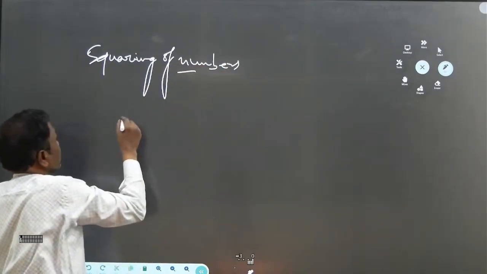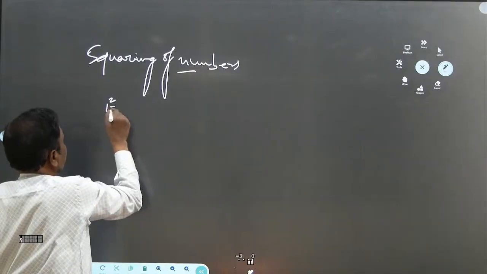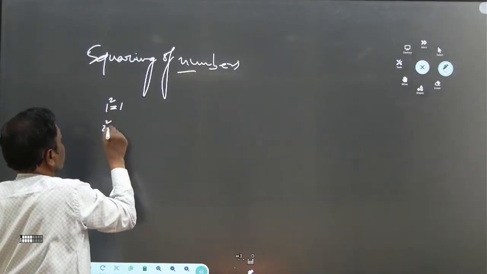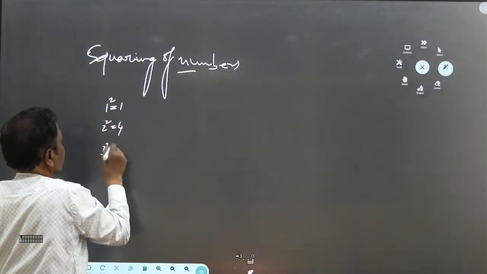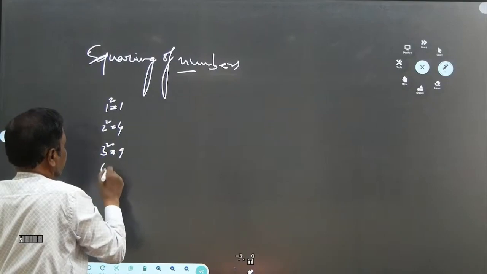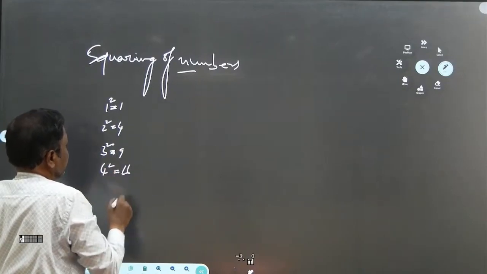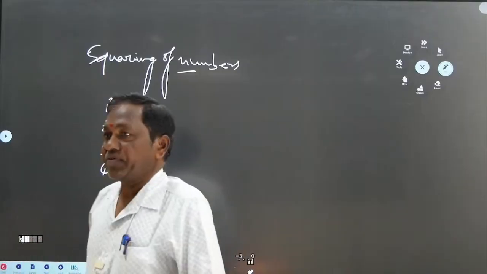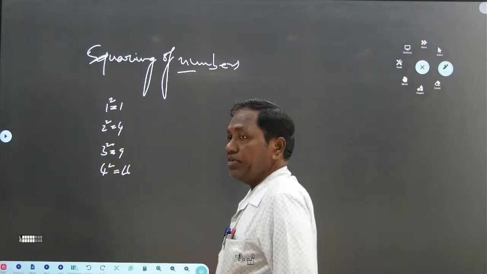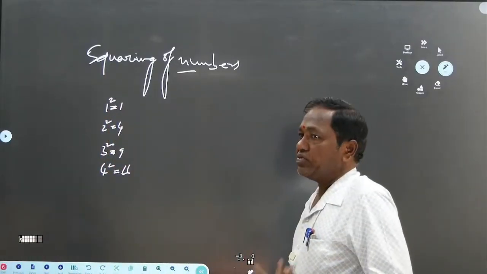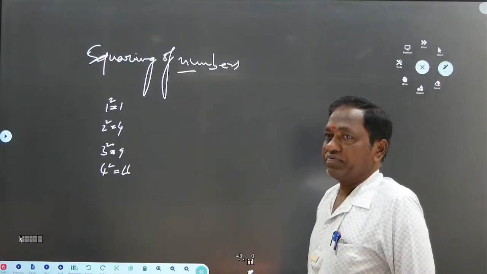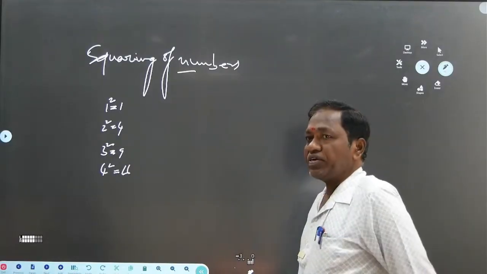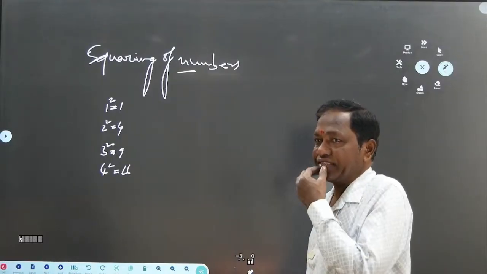Squaring of numbers. So, like 1 square 1, 2 square 4, 3 square 9, 4 square 16, right up to 25. Even if you write it 10 times, it is helpful for you, because up to 25 you should not find any difficulty anywhere.